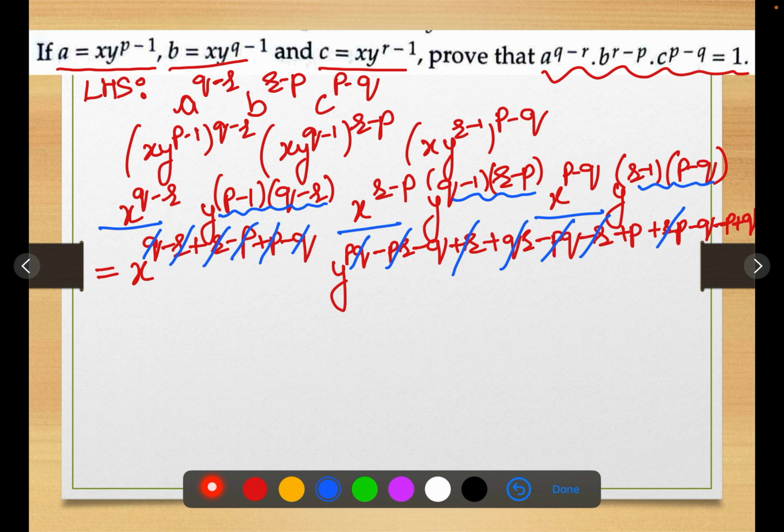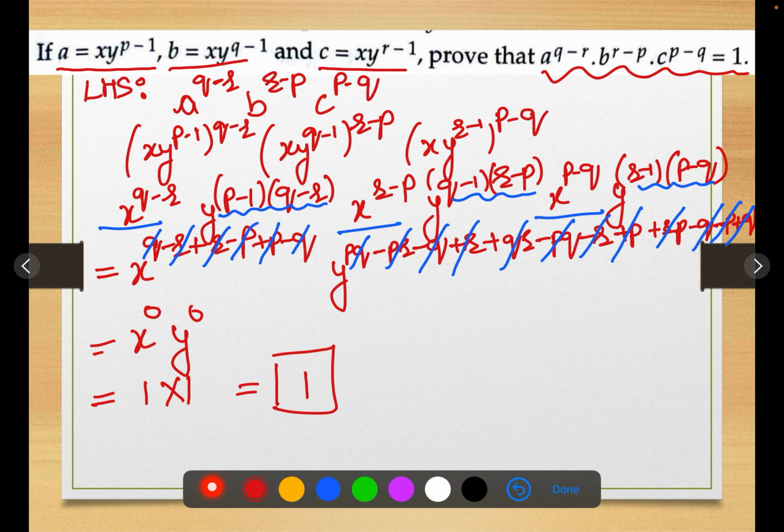I cannot see minus qr. Oh, this is minus qr. It is a little combined with the sign. So plus p minus p plus q minus q. So everything is reduced and I am left with x to the power 0, y to the power 0, which is 1 into 1, and my answer is 1. I hope this is all clear.